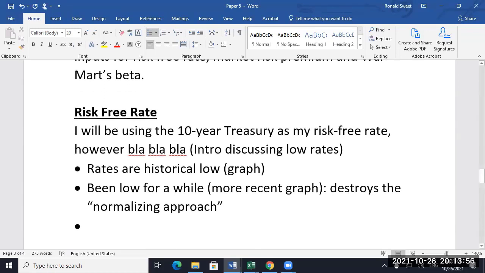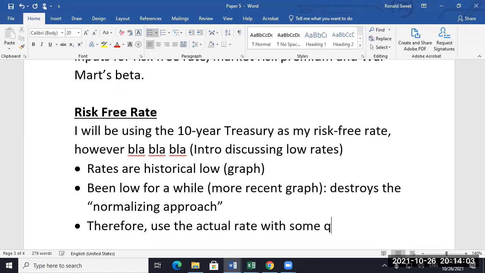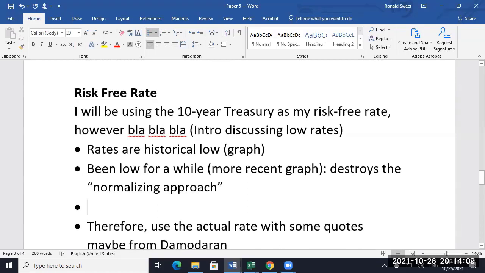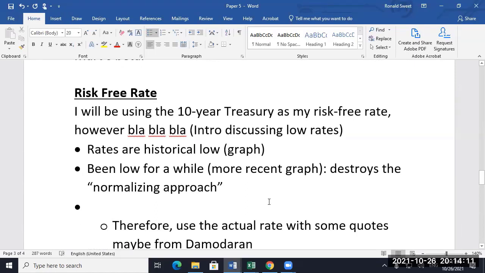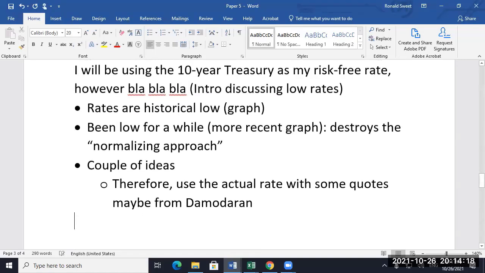Now, you can then go, therefore, use the actual rate with some quotes, maybe from Gamma Aaron. That might be one approach. Or my approach is, COVID is still having an impact.